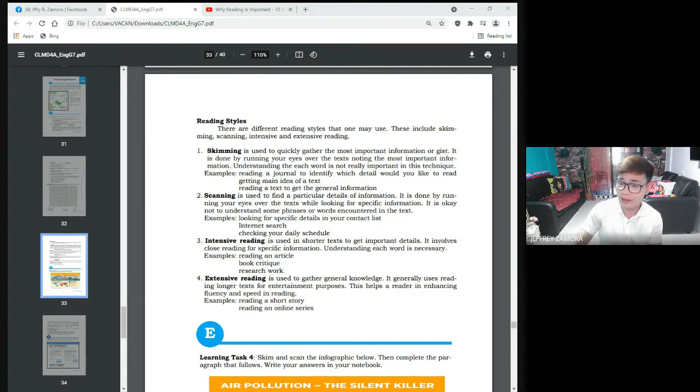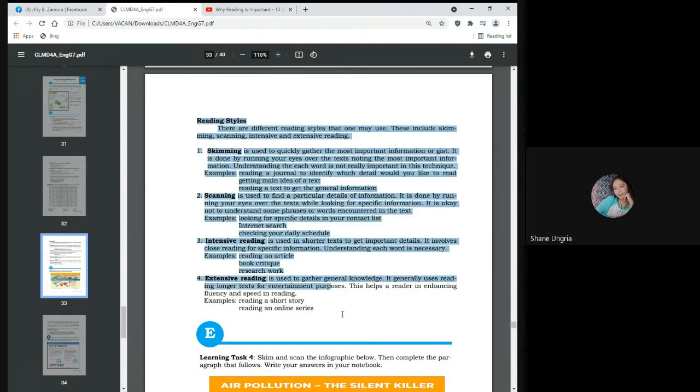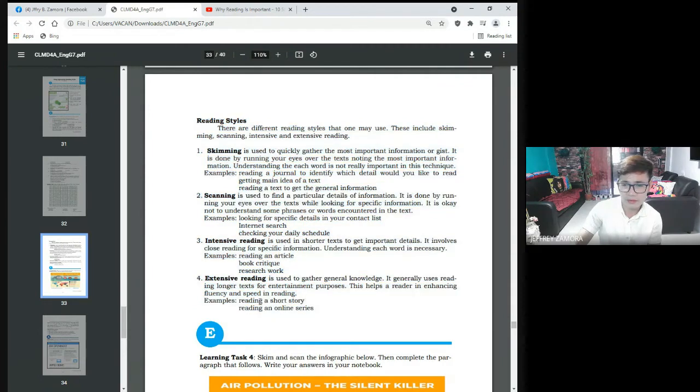But if you are reading a series of materials on a specific website, an example is Wattpad, that is what you call extensive reading. Clear? Any question here on the reading styles? None, po, sir. Okay, thank you.